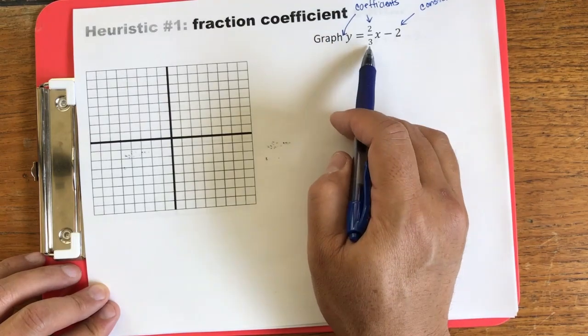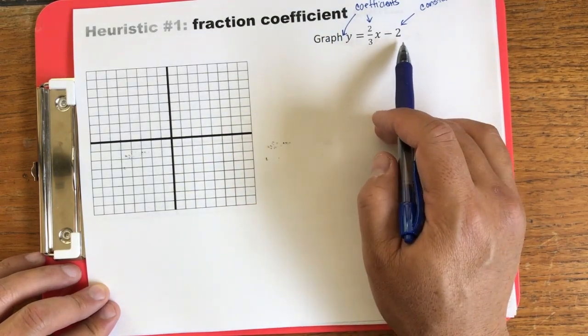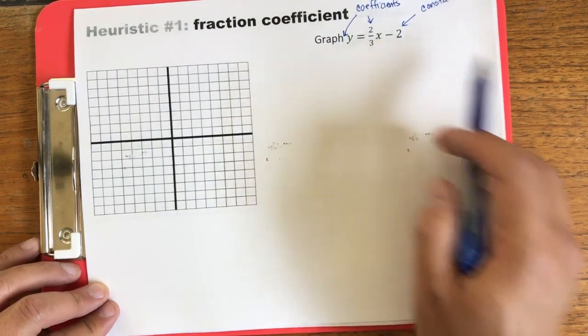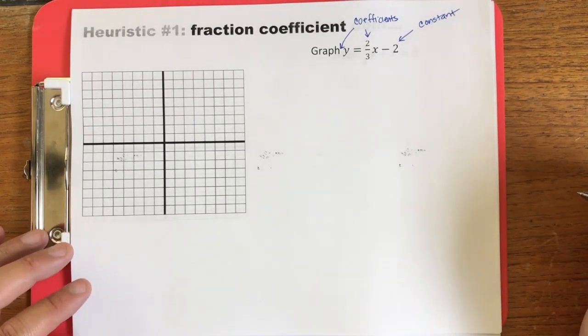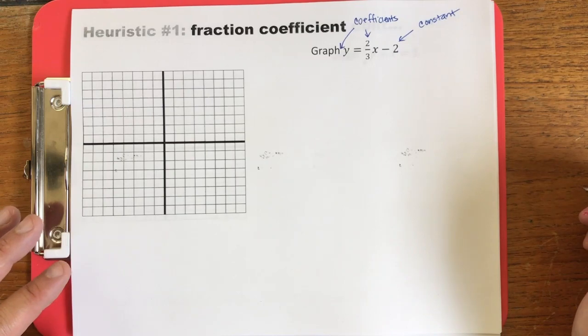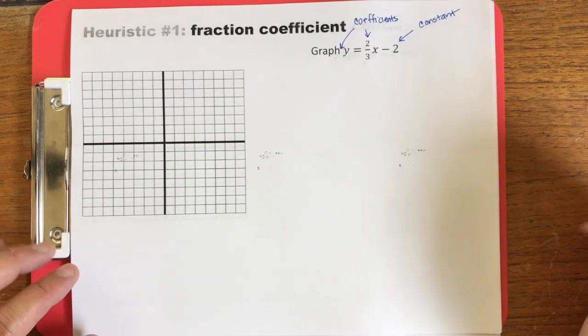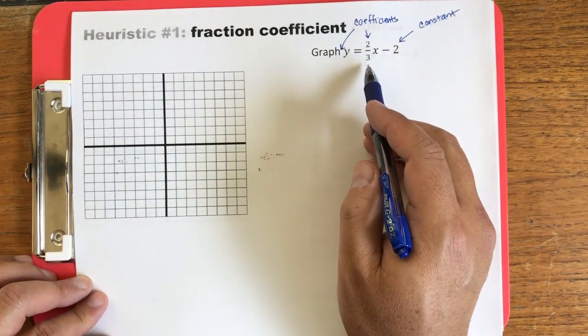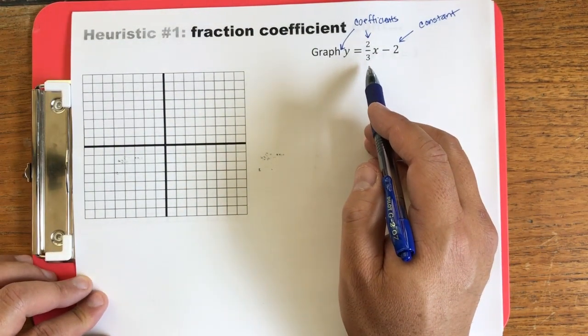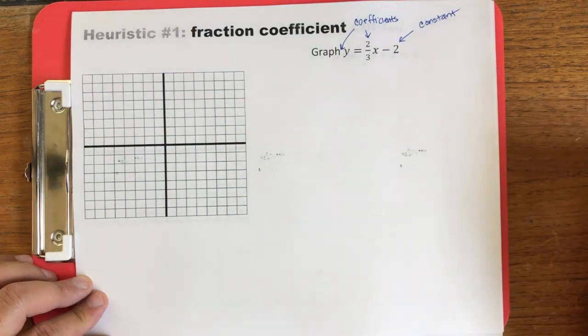Coefficients are the numbers that are next to the variable, and the constant is the number that's all by itself. Now, in order for us to solve a problem that has a fraction as one of the coefficients, what you want to do is plug in a multiple of the denominator.